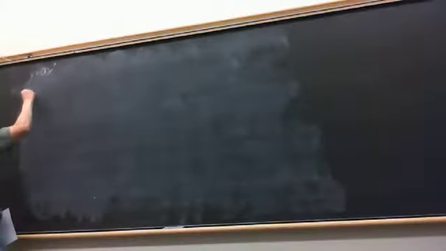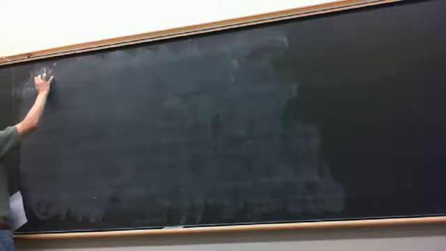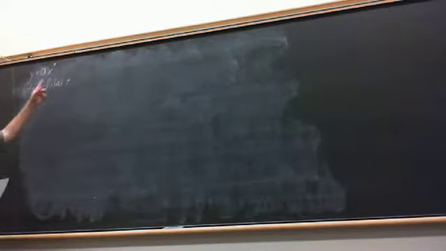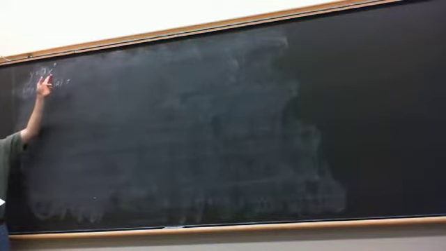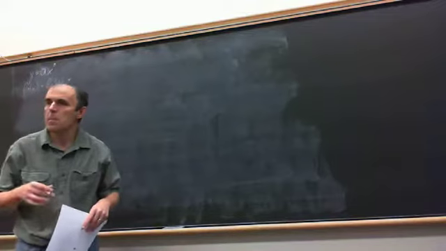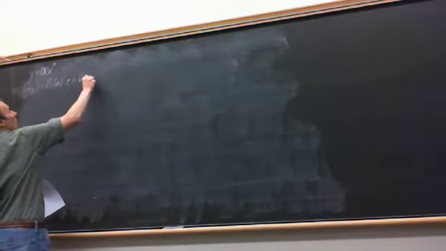Log of y equals, well, this is going to be log of a product, so you get log of a plus log of x to the n. Now, what's log of x to the n going to equal? Yes? n log x. Exactly. n times log of x.